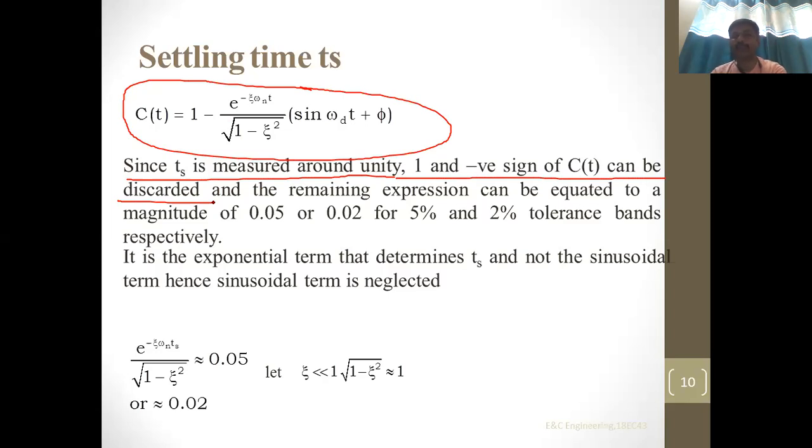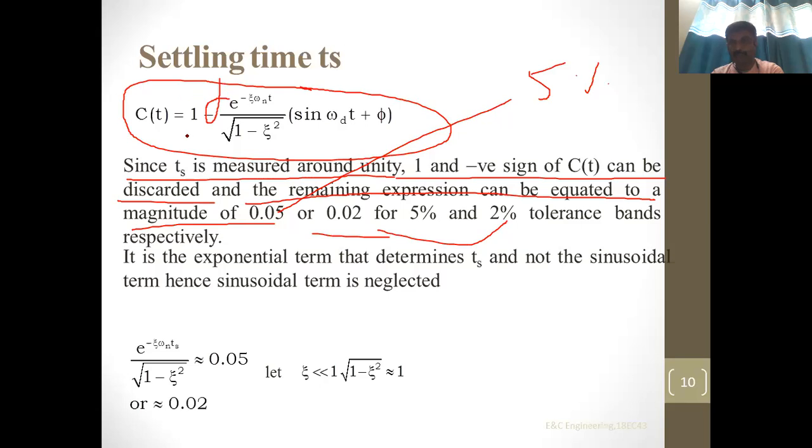Since this settling time is measured with respect to unity 1, this negative term of c of t can be neglected, and the remaining expression can be equated to a magnitude of 0.05. 0.05 is 5% tolerance, or 0.02 for 2% tolerance, depending on the requirement.